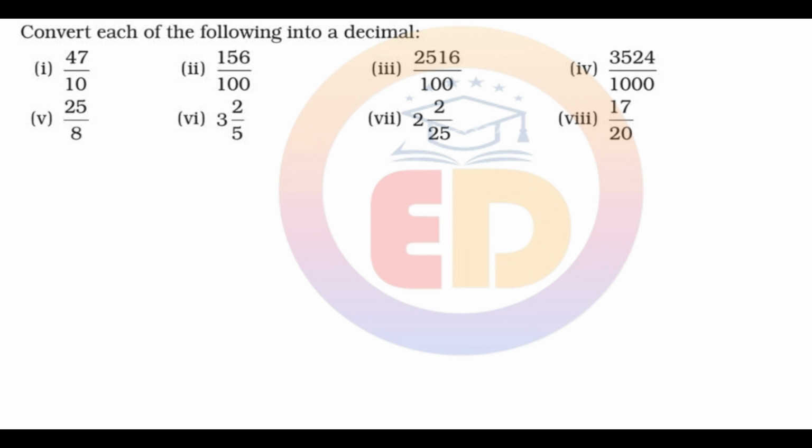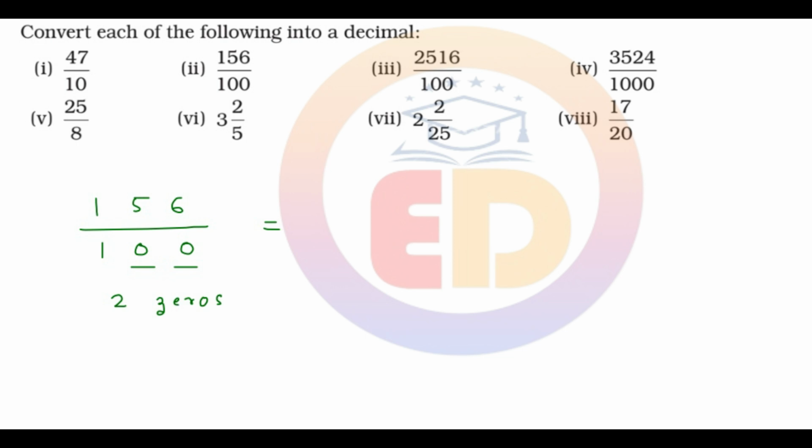Convert 156 upon 100. It is a decimal fraction. We have to convert it into a decimal number. When you look at the number of zeros in the denominator, 100 has 2 zeros.